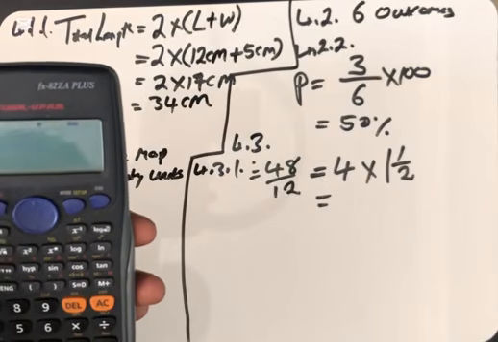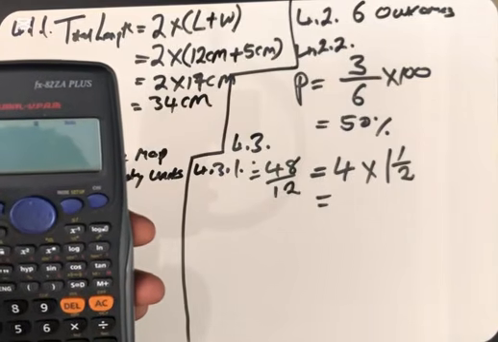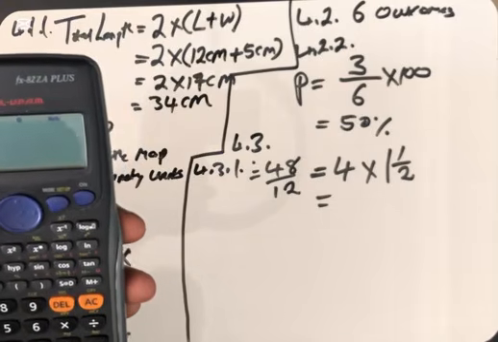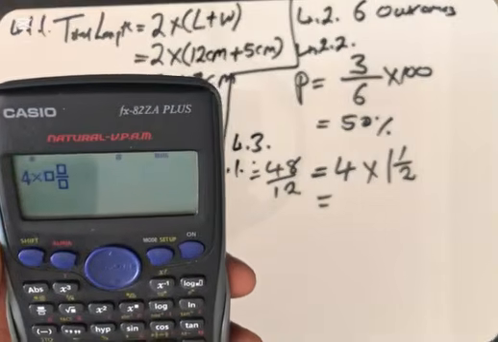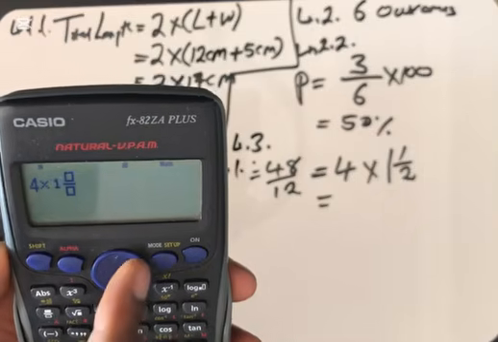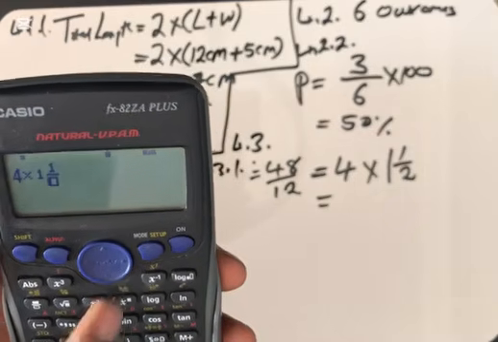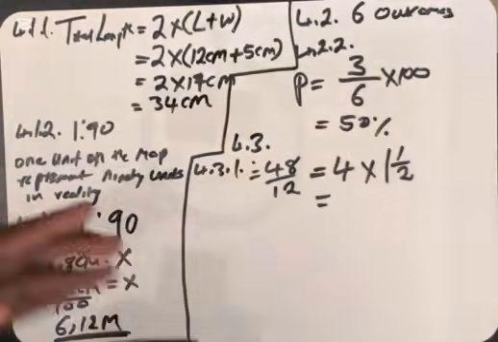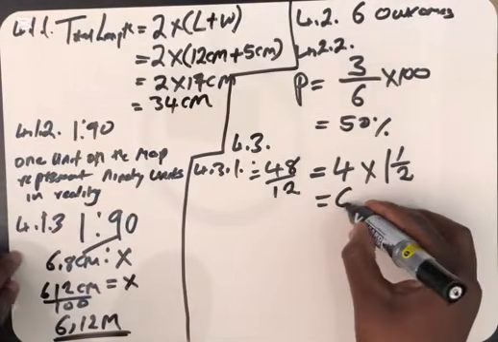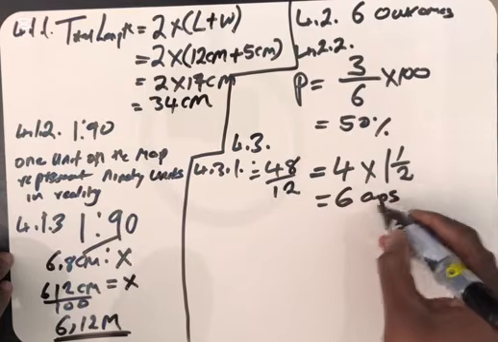You press this button here, the one that gives you a mixed fraction. Then you're going to edit this to become 1 over 2. Your answer is 6 cups.